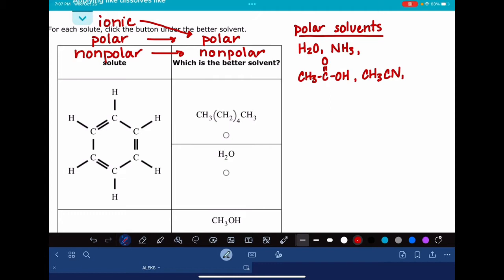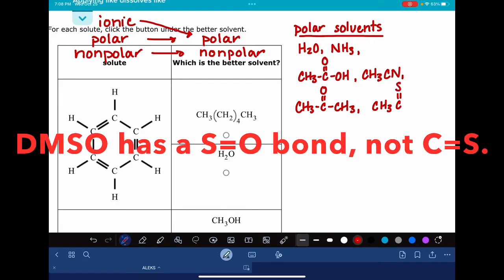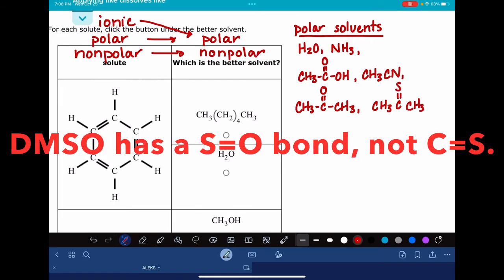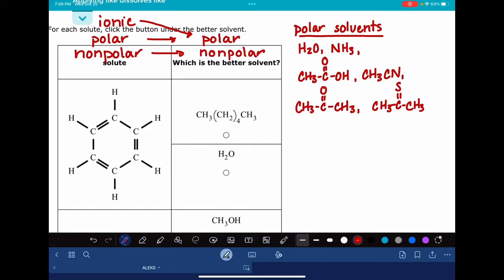I have seen acetone, CH3COCH3. And I have seen its cousin, DMSO, CH3, S double bond O, CH3. And I have seen a variety of alcohols: methanol, CH3OH, ethanol, CH3CH2OH, and then propanol, CH3CH2CH2OH.